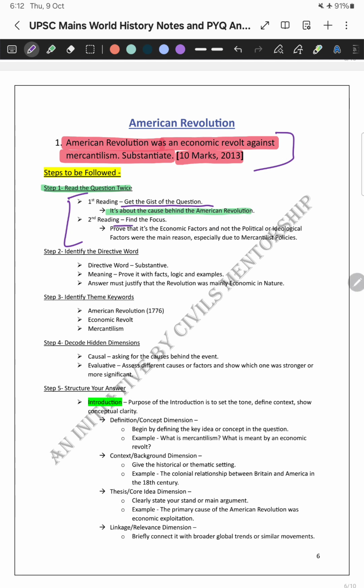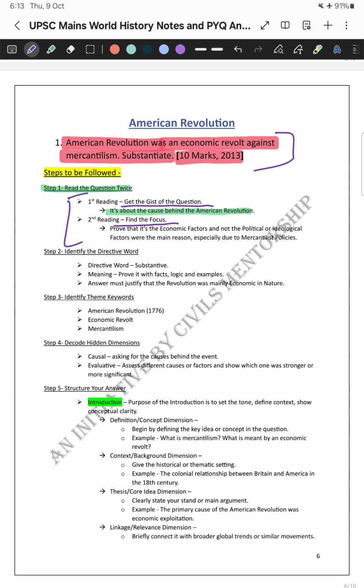What does the second reading mean? In the second reading, find the focus. When you read the question the first time, you took the gist of the question. But when you read it again, this time identify what exactly is being asked.